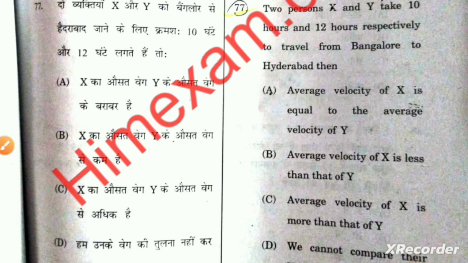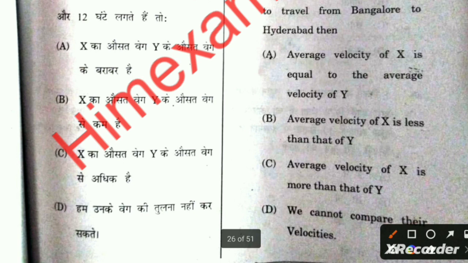The first option is the average velocity of X is equal to the average velocity of Y, the second option is less than that of Y, the third option is the average velocity of X is more than that of Y, and the fourth option is we cannot compare their velocity.